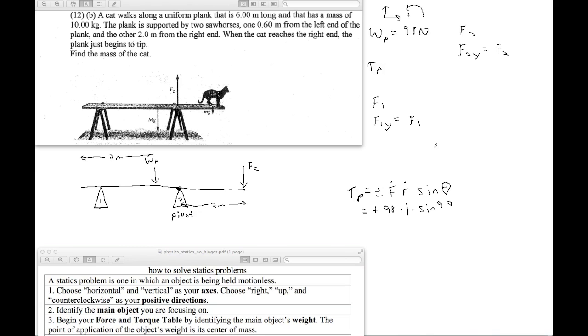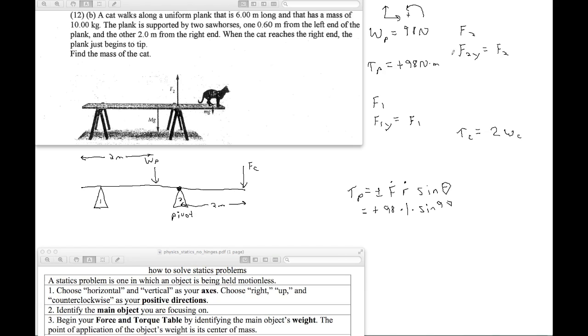And my torque from the cat would be a negative torque. I don't know the weight of the cat yet, but we know that it's applied 2 meters away from the pivot point. And the torque from F2 is 0 because that's my pivot.